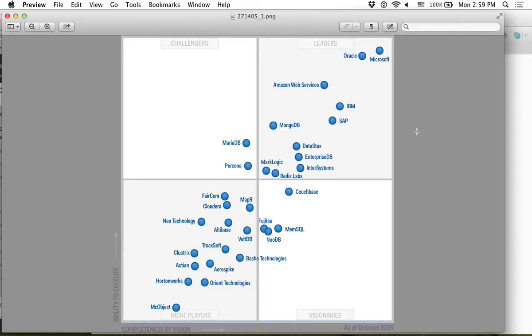Basically this has two axes. This one is ability to execute, and this one is completeness of vision. A lot of the time when you buy a database, there are lots of different components. I talked to you about things like query engine and optimization, transactions, but there are lots of other things.